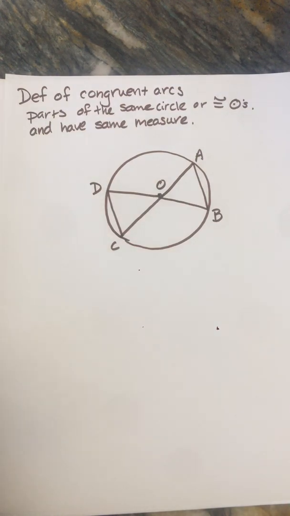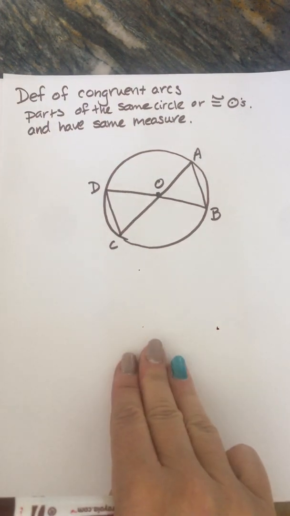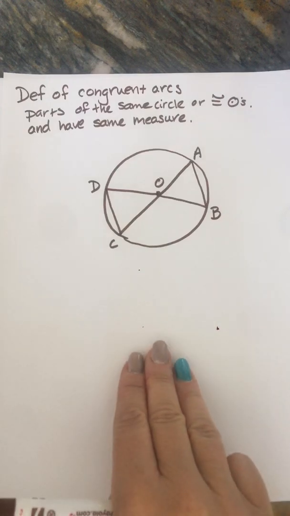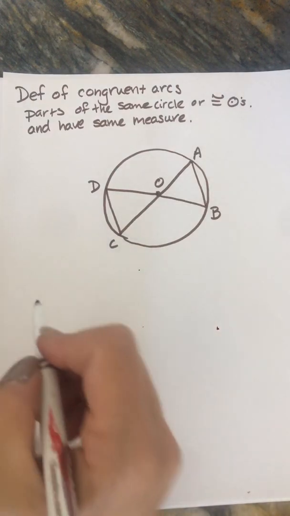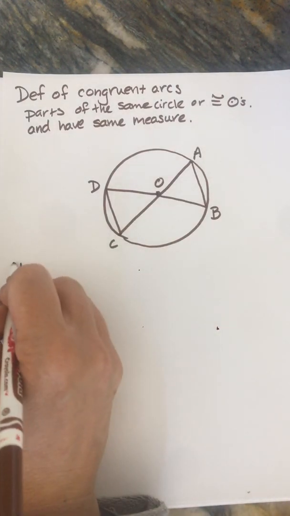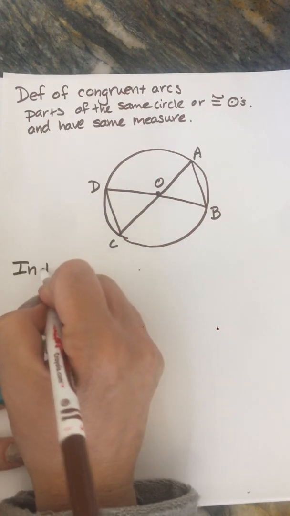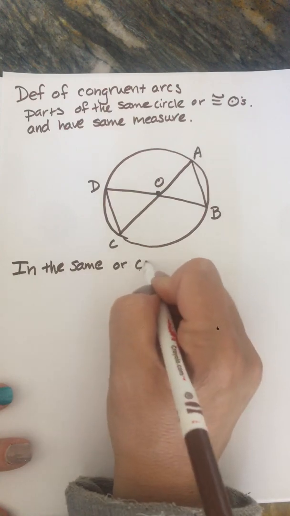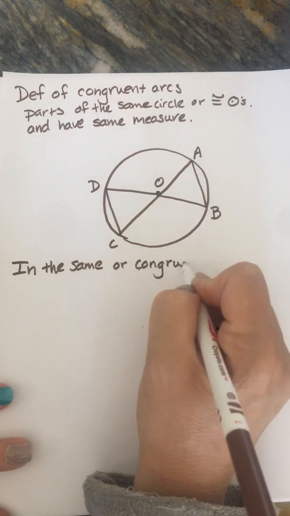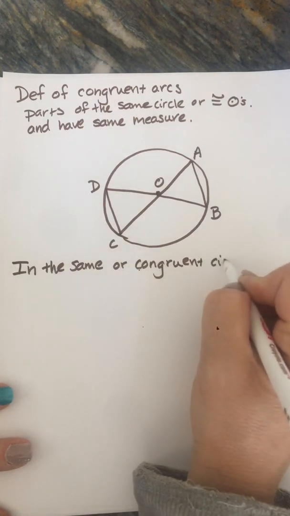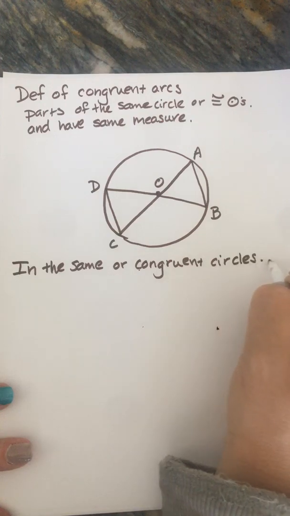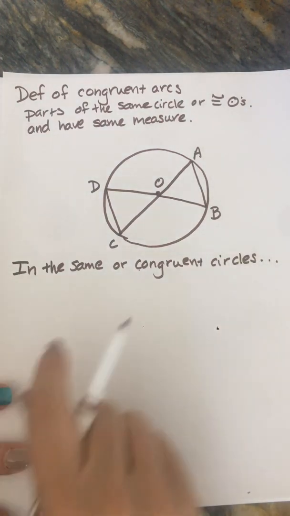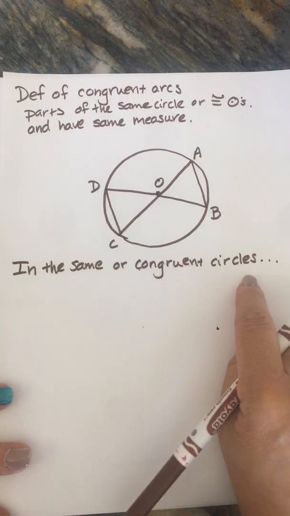All right, so there are three things that we know to be true, or three theorems that we're going to show are true. So first of all, we have to first state in the same or congruent circles. So we first need to make sure we have this premise met, that we are either in the same or congruent circles.